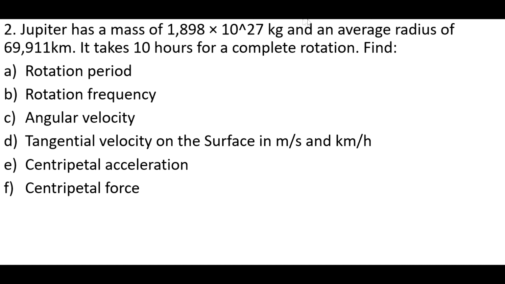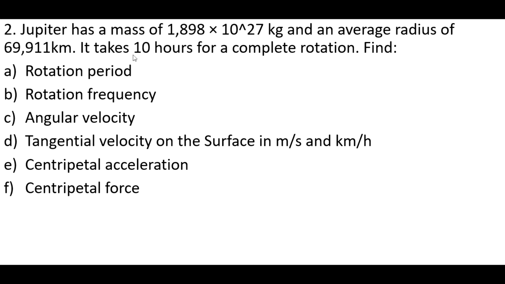So it says Jupiter, and I'm talking about the planet, has a mass of 1.898 times 10 raised to 27 power kilograms and an average radius of 69,911 kilometers.